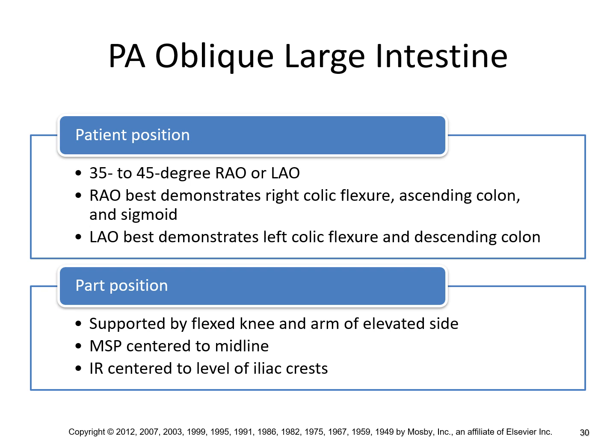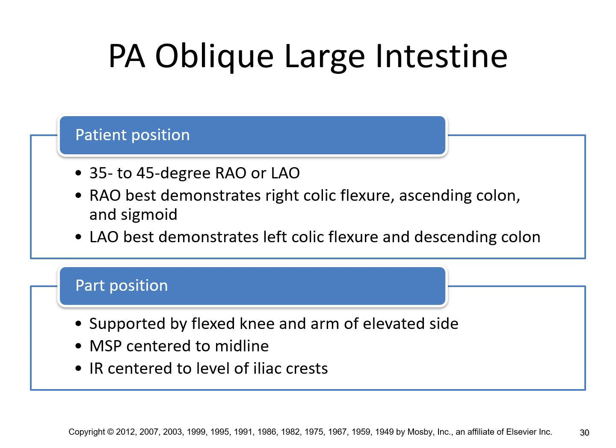The RAO is going to open up the hepatic flexure. The LAO is going to open up the splenic flexure. The ascending and descending colon aligned with whichever flexure they're closest to also is displayed free of superimposition.